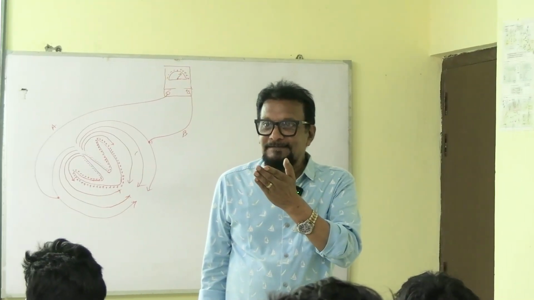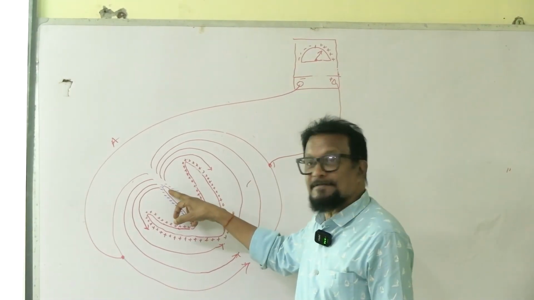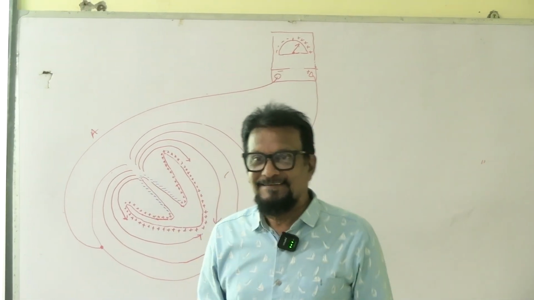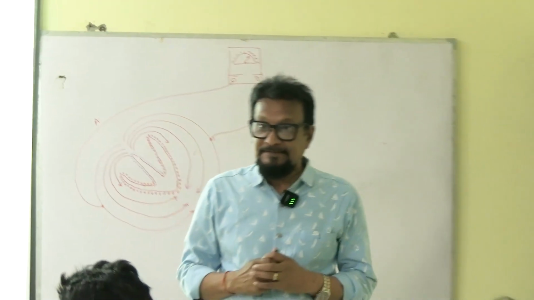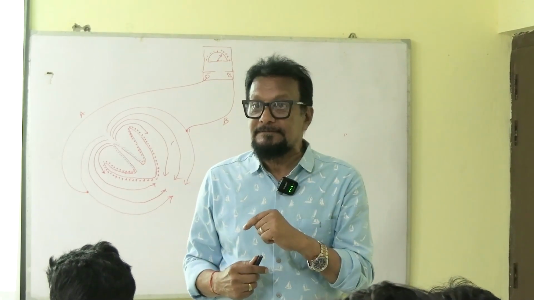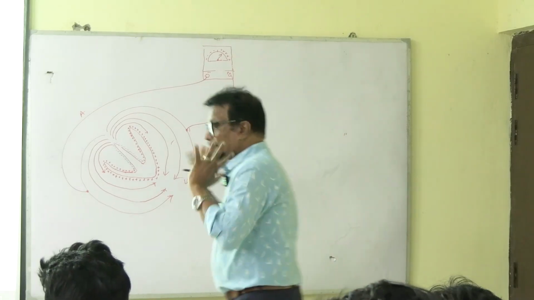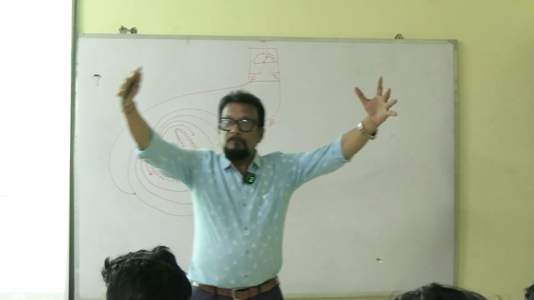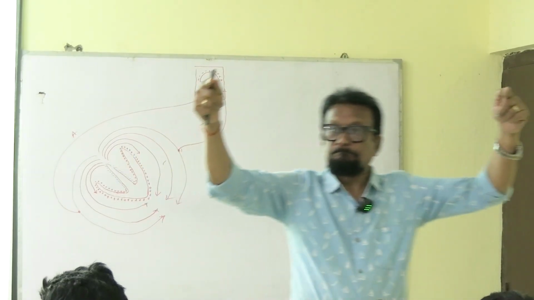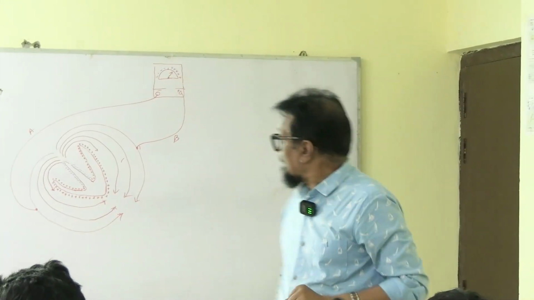I told you. From the AV node, it enters into the septum. So the septum is the first part of the ventricle that will get the cardiac impulse. Then to the apex, then throughout the ventricular wall, and lastly to the base of the heart. Okay?